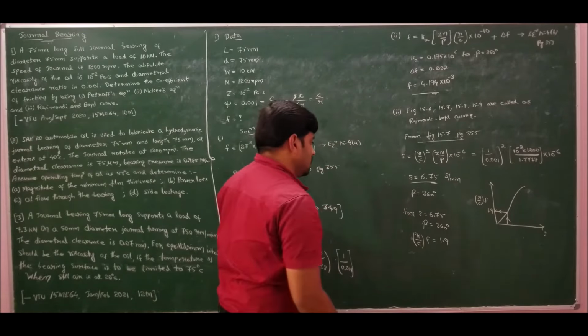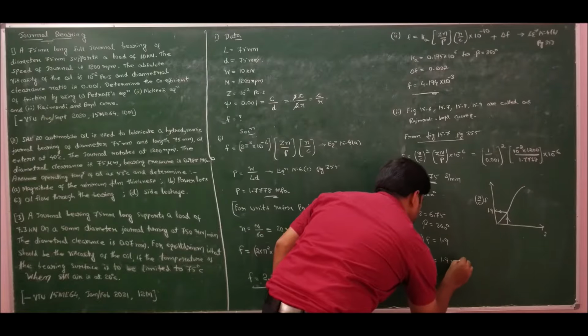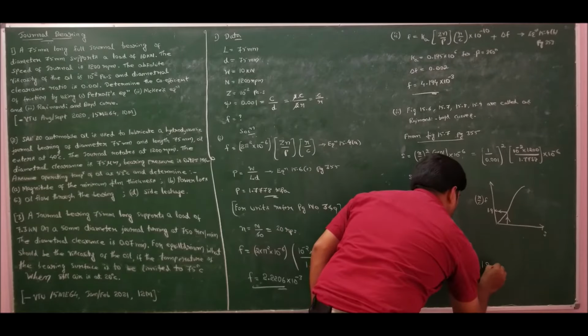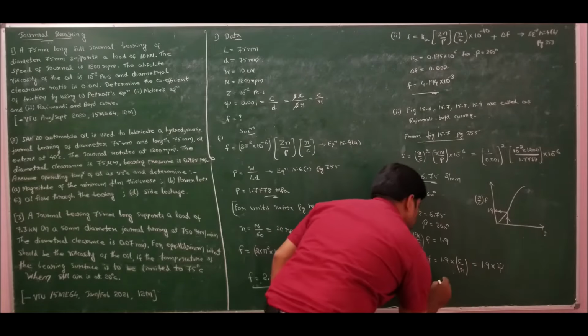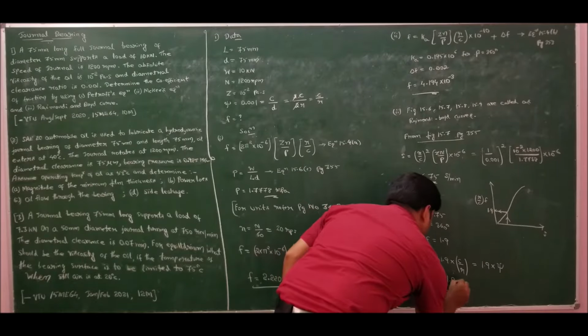Therefore coefficient of friction F is equal to 1.9 into C by R, which is 1.9 into 10 to the power of minus 3.